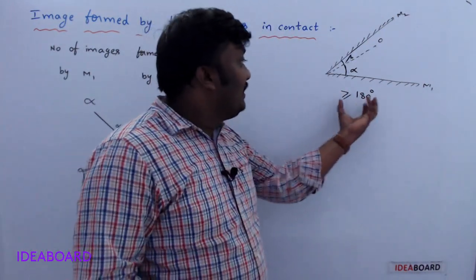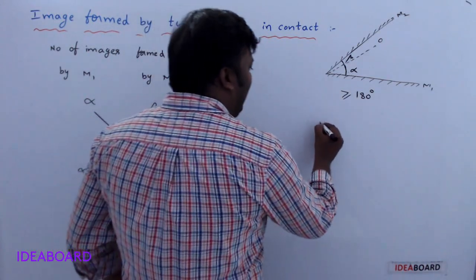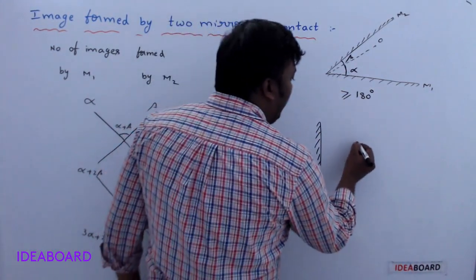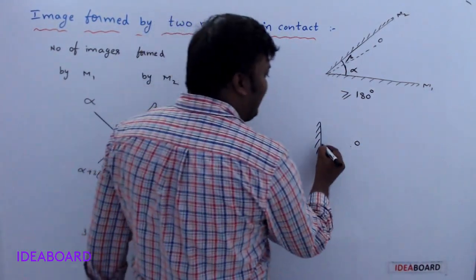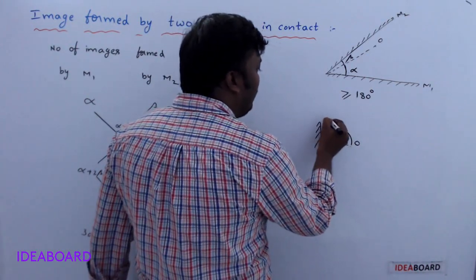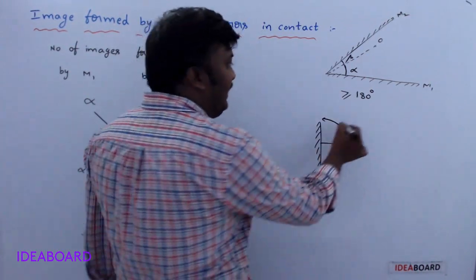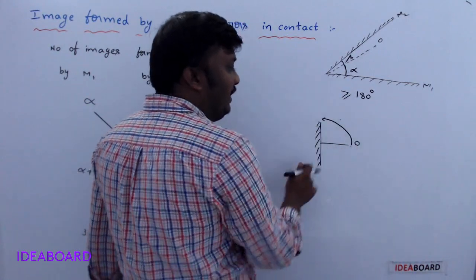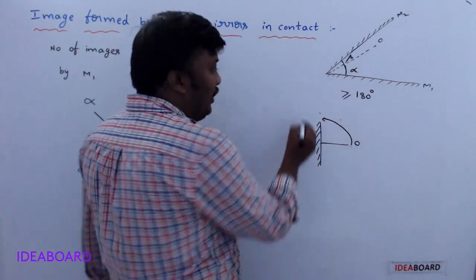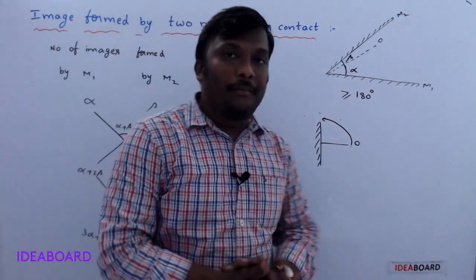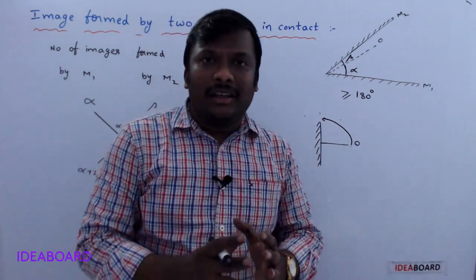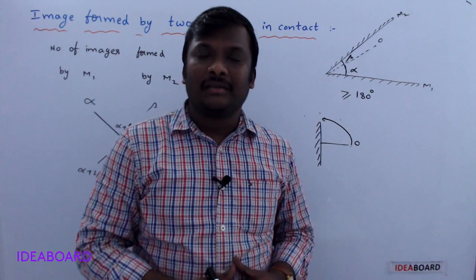Okay, sir, why did you consider this value of 180 degrees? Just think properly here. If it is the mirror, and you are here, normally the angle is theta. Now if you move from here to here, anywhere the observer is, you can observe the image. But if you stand behind the mirror, is it possible to observe the image?